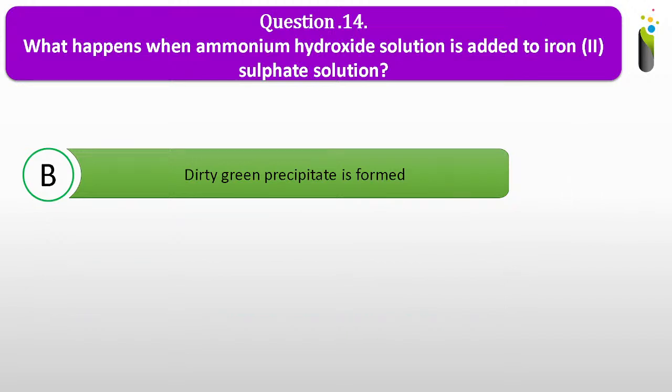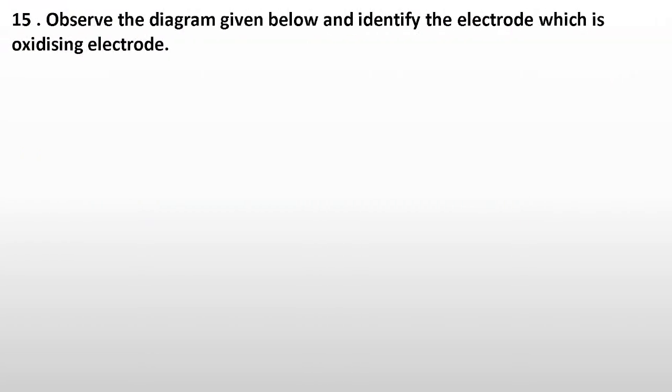So a dirty green precipitate is formed. Okay, what happens when ammonium hydroxide solution is added to iron sulfate solution? A dirty green precipitate is formed.